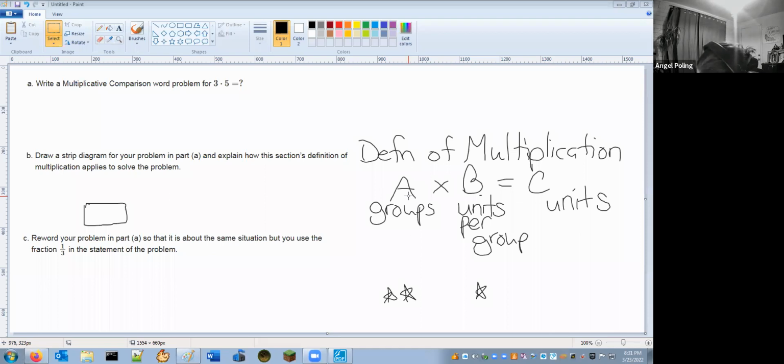So 3 times, that's going to fit our definition of 3 times 5, if we have 5 in each of these groups.